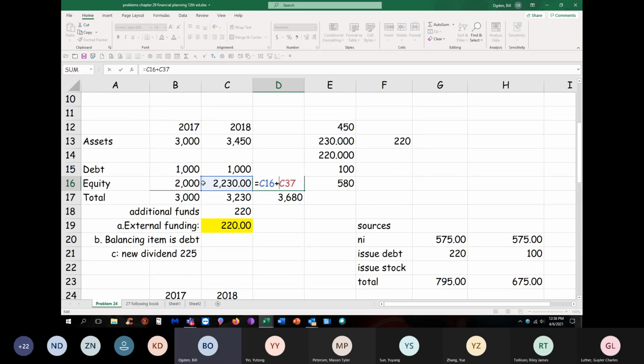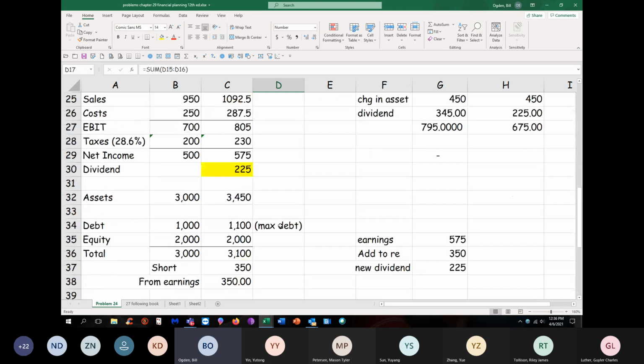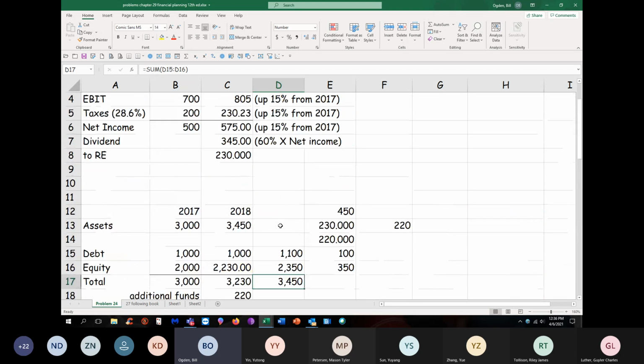Oh, I'm sorry, my fault. There we go. So we'll add 350 from current year's earnings, and now it works. So hopefully there wasn't much of an issue there. Numerous ways to do this.